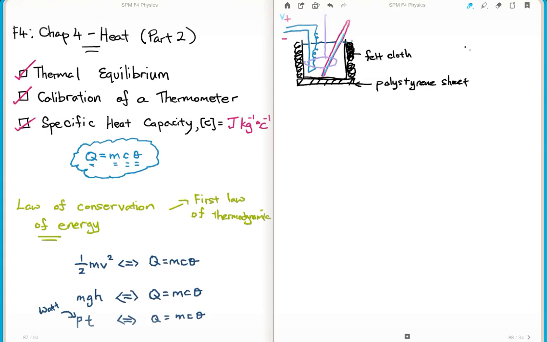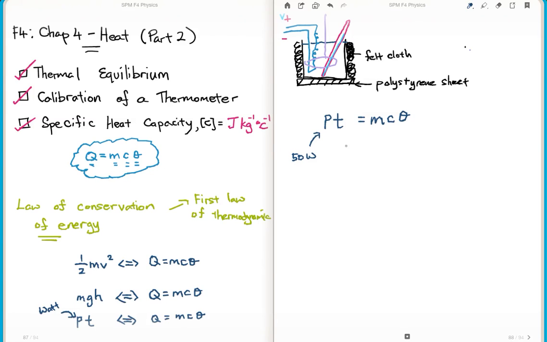You read from your reference text for detail on how the experiment is set up. You need your textbook. In this kind of experiment there's only one equation: Pt, where P is power and t is time, equals mc theta. That's all. Normally this may be 50 watt.